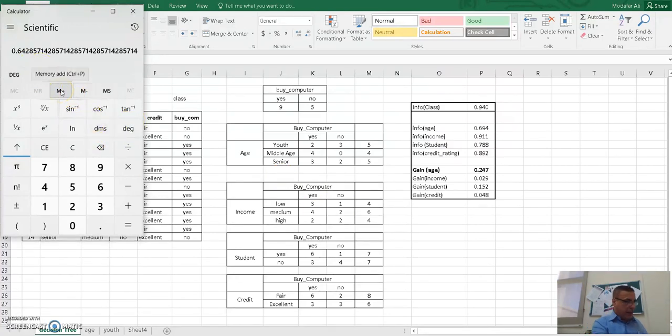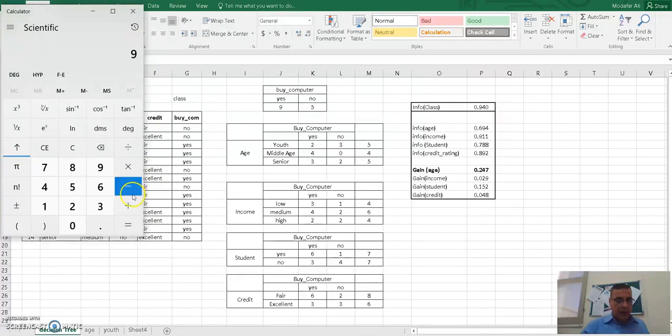Let me write it down on a piece of paper here, and then we can do the calculations as we go along. So let's do that again.